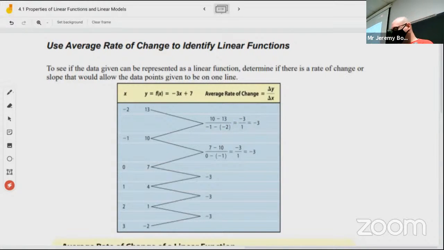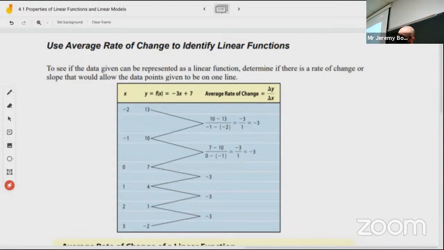If we do that for all of these, we get -3 each time. That means that this data can be represented as a linear function because the rate of change between each point is -3. Any question on that?